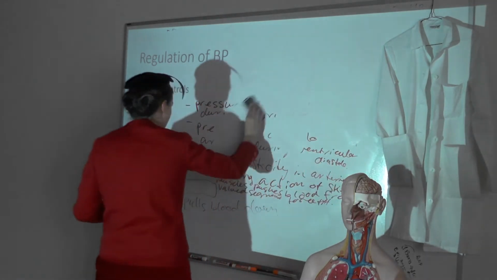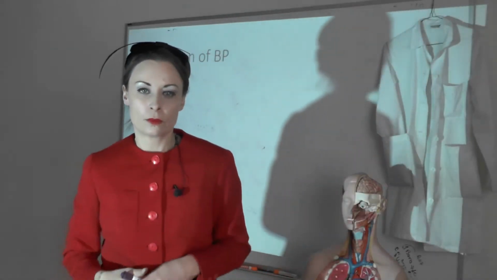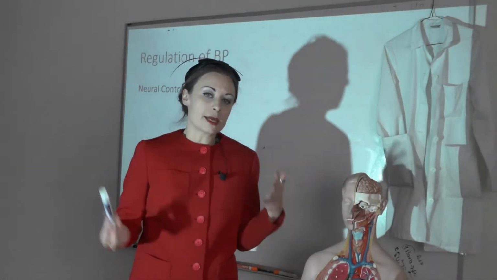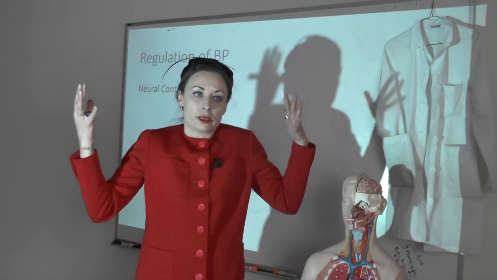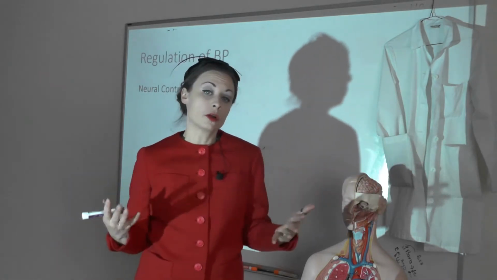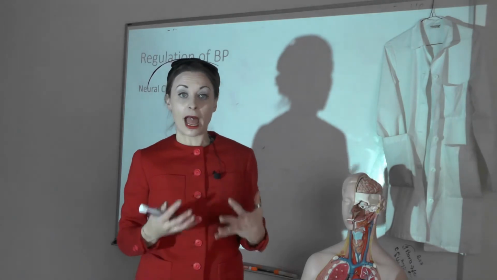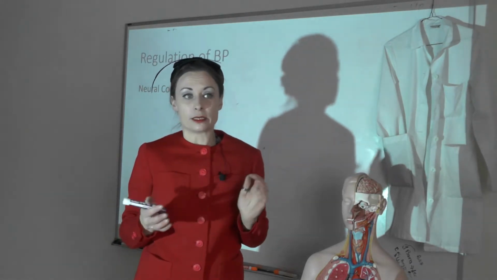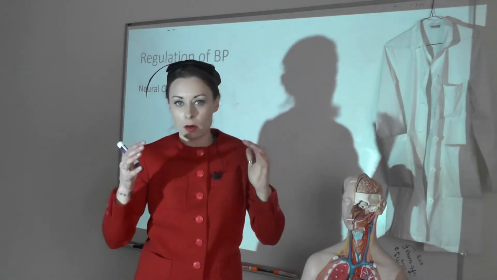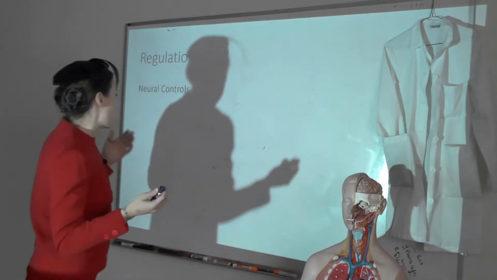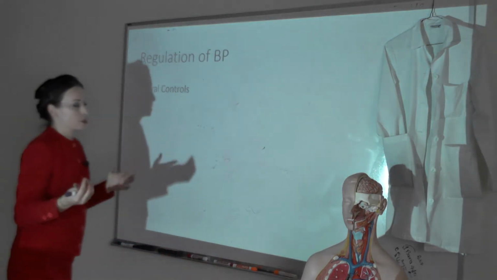Okay, blood pressure. Blood vessels, like everything in the cardiovascular system, are under both neural and hormonal control. The nervous system is able to do really rapid responses to help with vasomotion, so that we can help to regulate blood pressure.